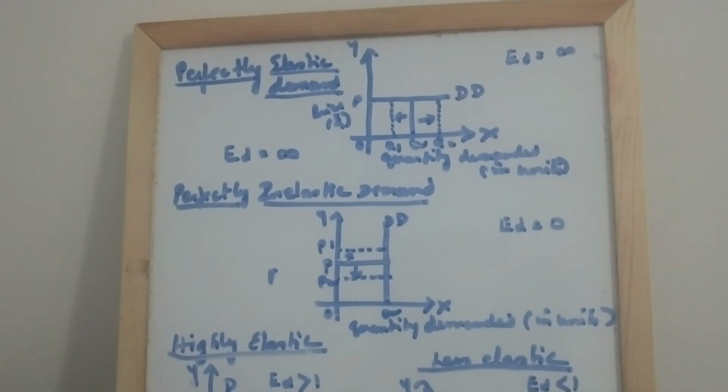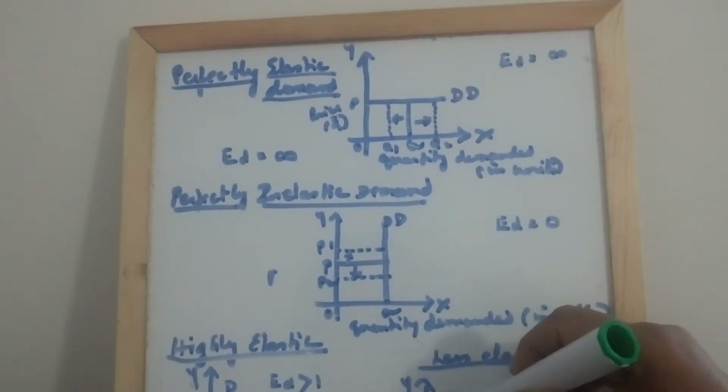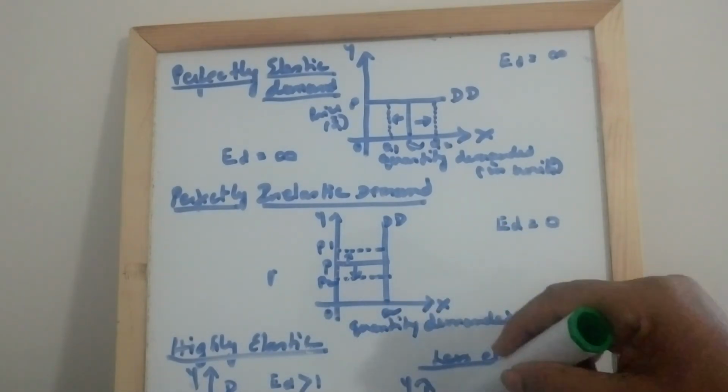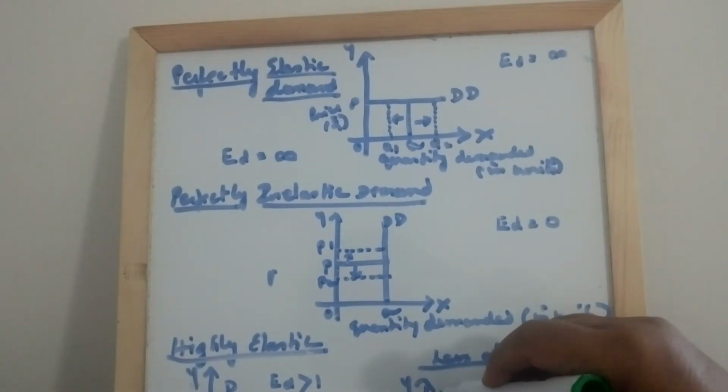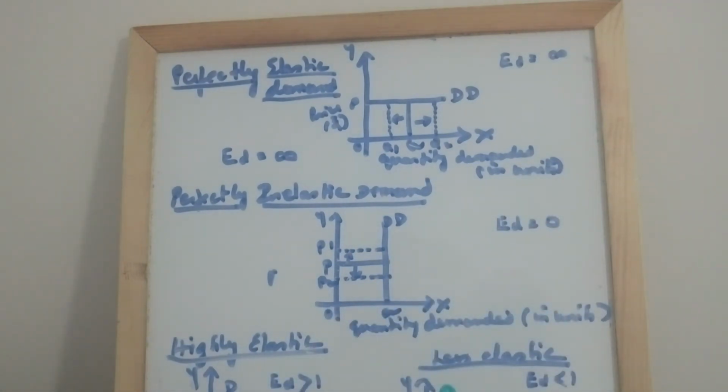In less elastic demand, the demand curve is steeper. Compare these two: this demand curve is steeper than the highly elastic demand curve. At price OP, the quantity demanded is OQ.